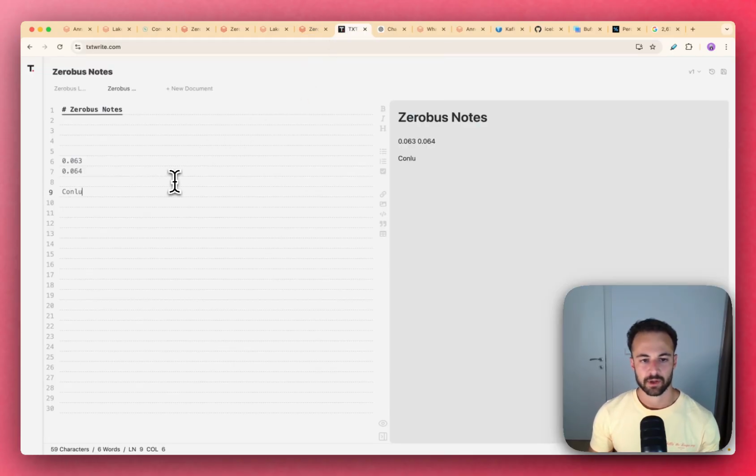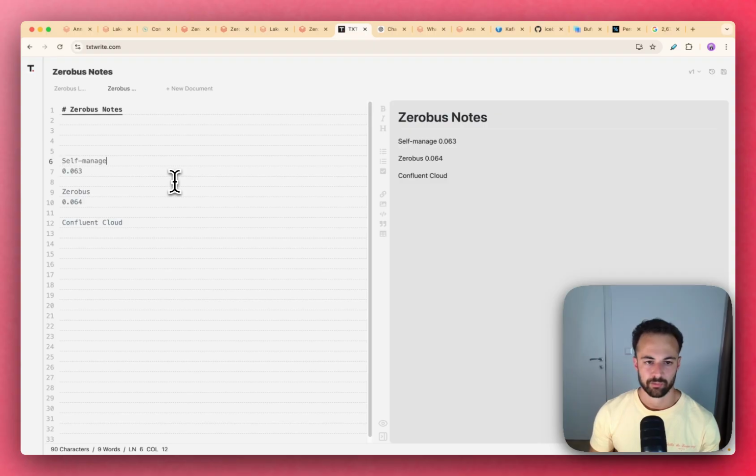So again, Confluent, let's write this out. Confluent Cloud, this is Zerobus, this is self-managed. So just the ingestion cost. So this is our cost, this is our cost, this is Confluent's ingestion cost.